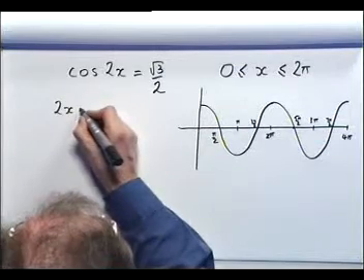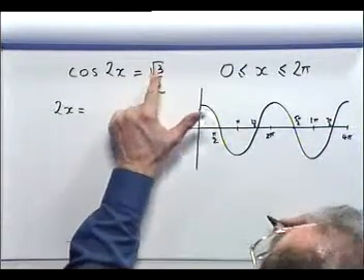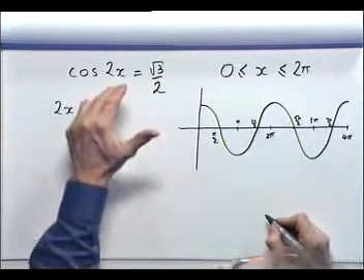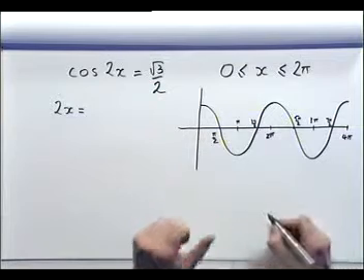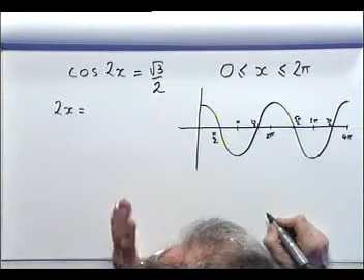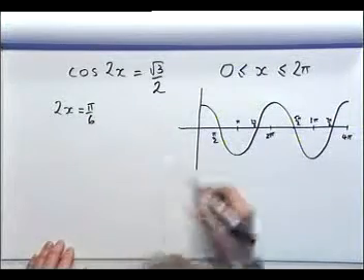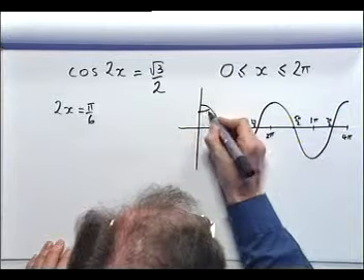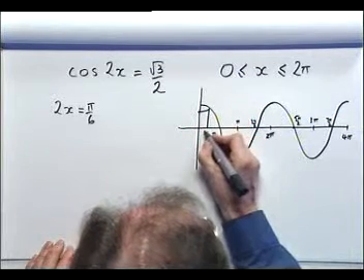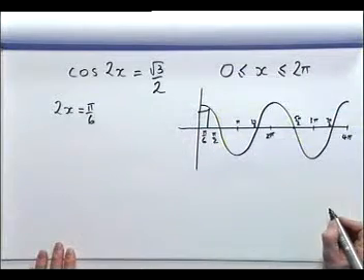Cos 2x equals, well, in fact, we know cos 2x is root 3 over 2. We know that the angle that gives us the cosine that is root 3 over 2 is pi by 6. So our first one is pi by 6. Root 3 over 2 up here. We go across, we meet the curve, we come down. We know that this one here is pi by 6.